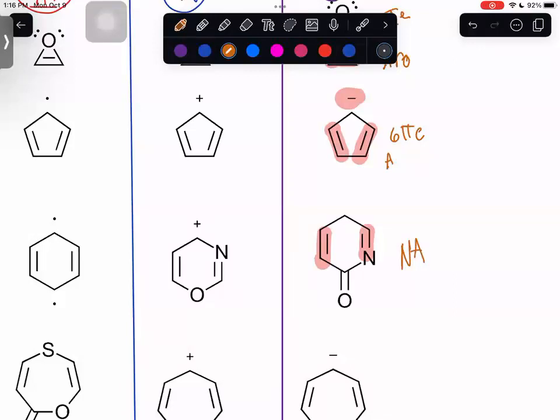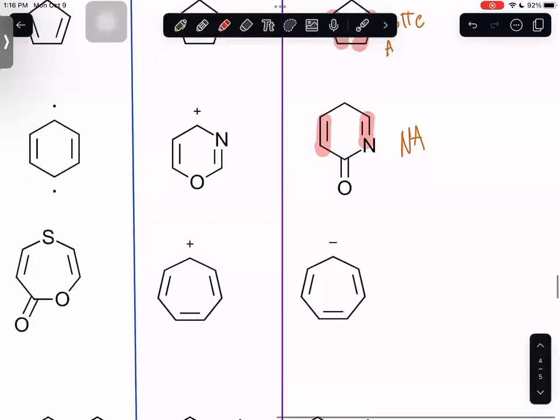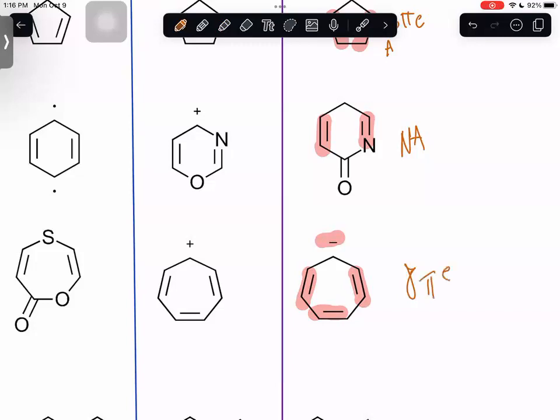Non-aromatic. It's not fully conjugated. Non-aromatic.